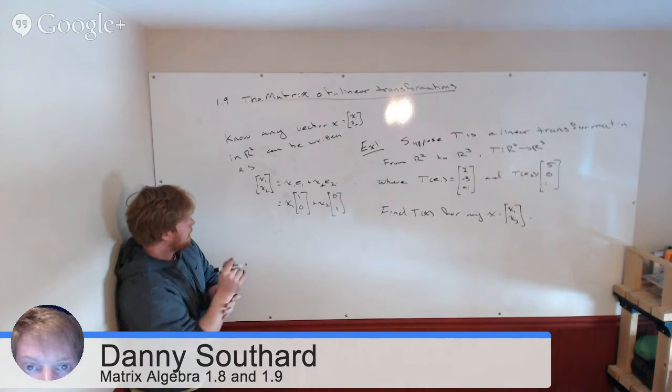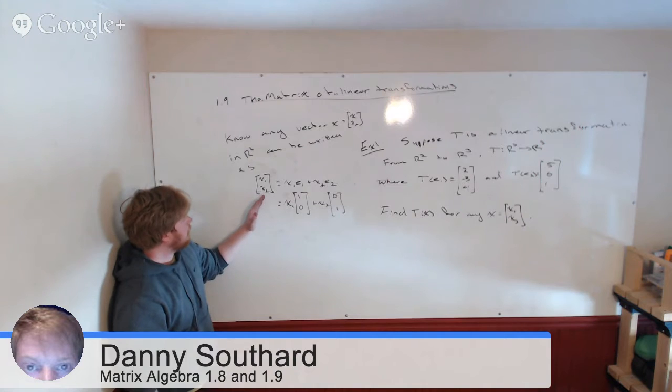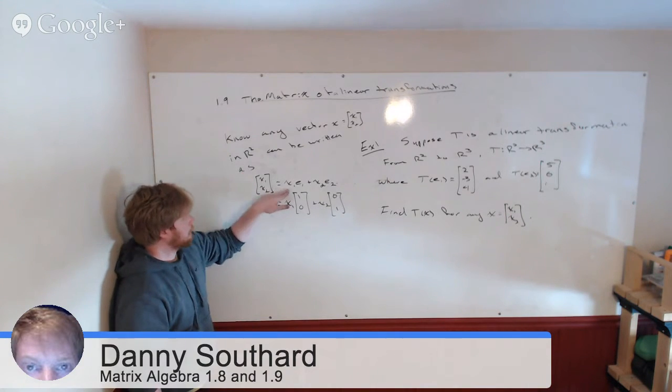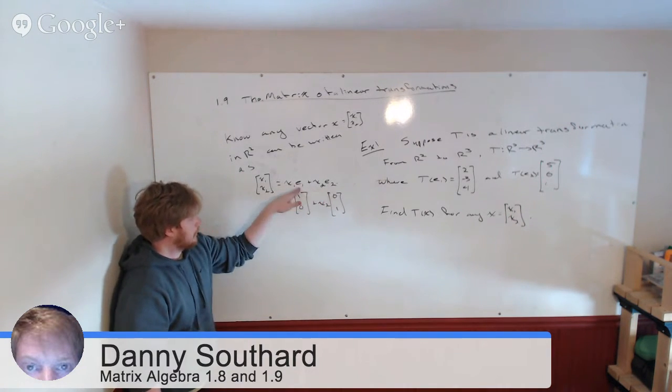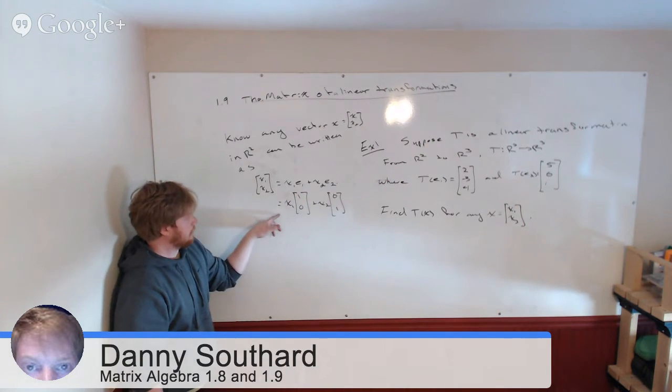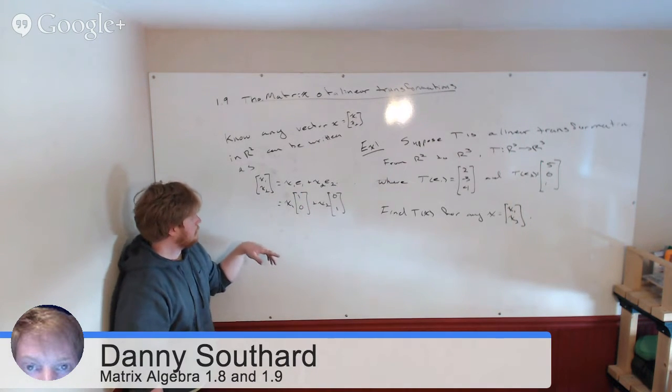Okay, so any vector in R2 we can write this way, right? Because these were my columns of the identity matrix. This will give me x1, this will give me x2, okay?